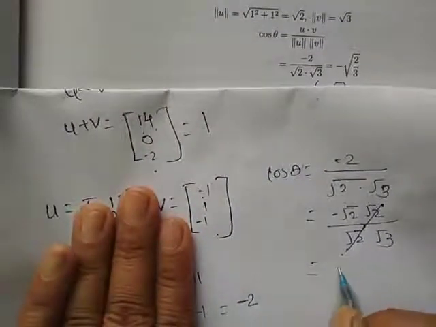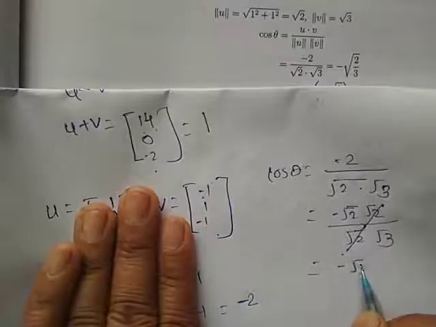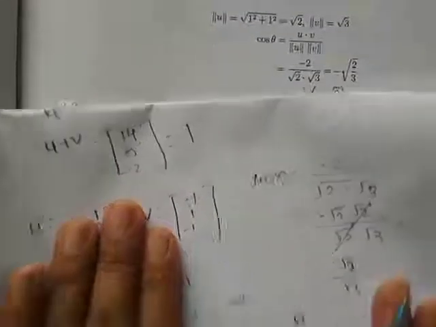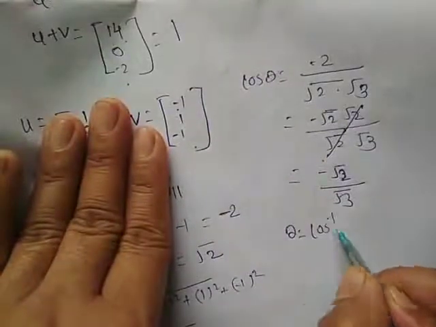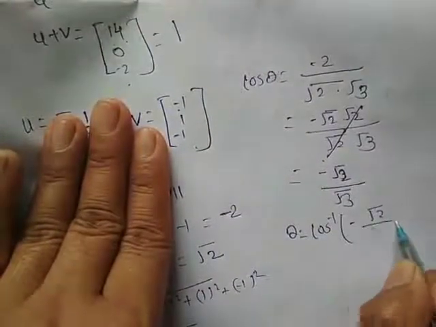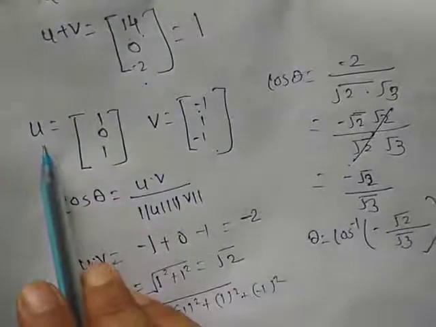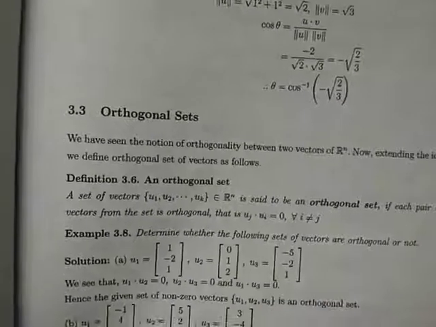So here we will get minus root of 2 upon root of 3. So theta is equal to cos inverse of minus root of 2 upon root of 3. This is the angle between vectors u and v. Okay, we will stop here. Thank you.